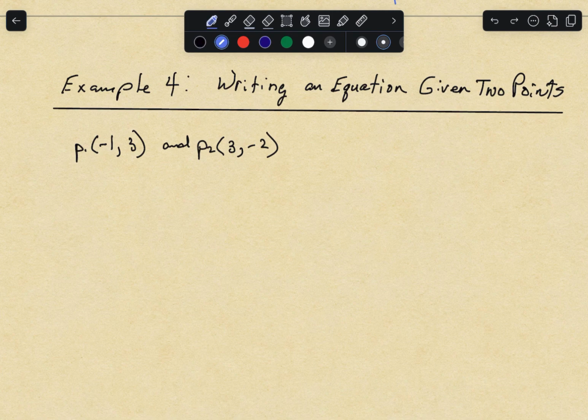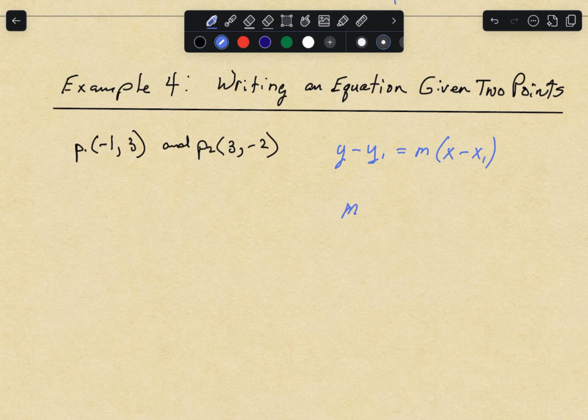I want to say y minus y sub 1 equals m times x minus x sub 1. Now, I'm going to turn around and rewrite. What we have to do is find the slope.